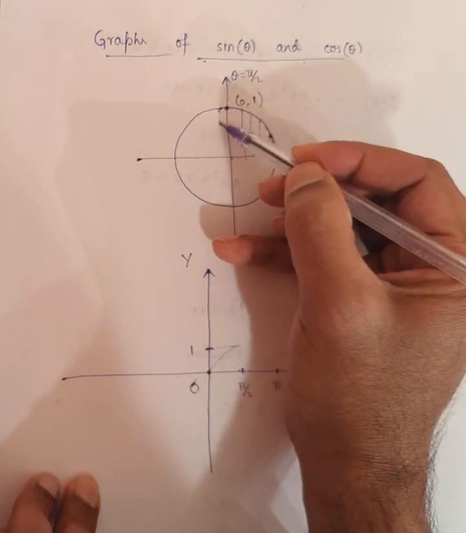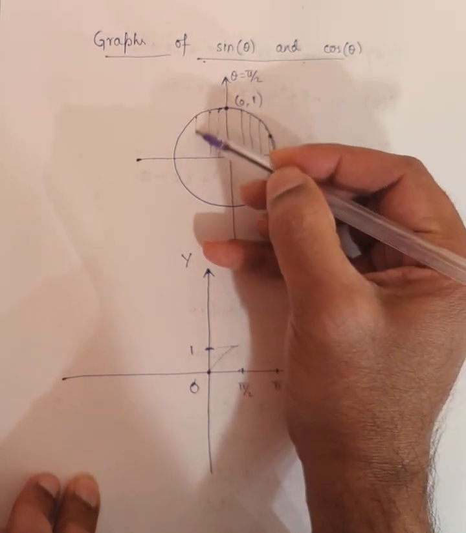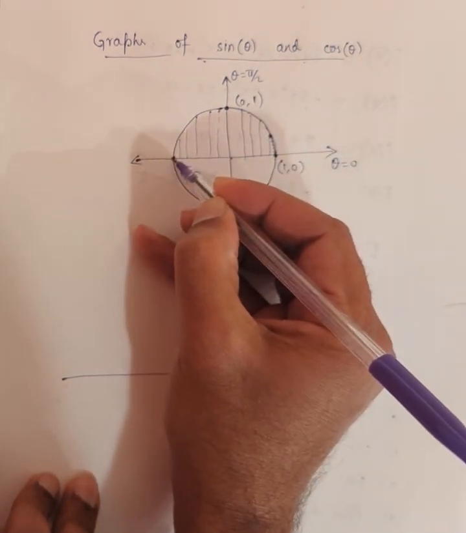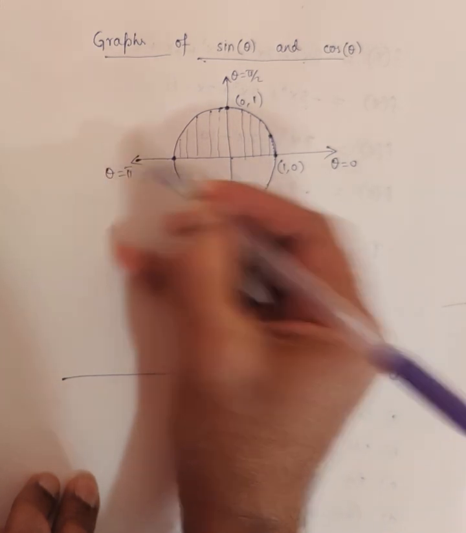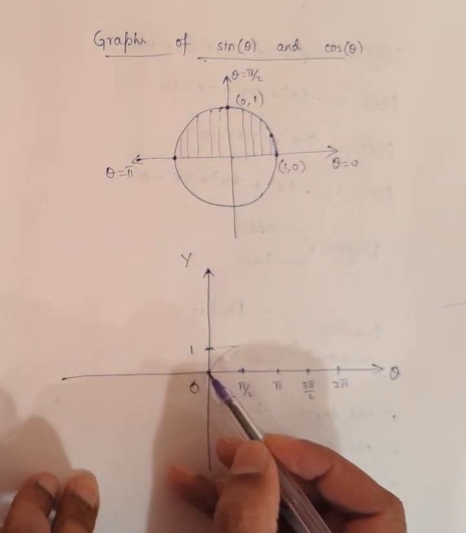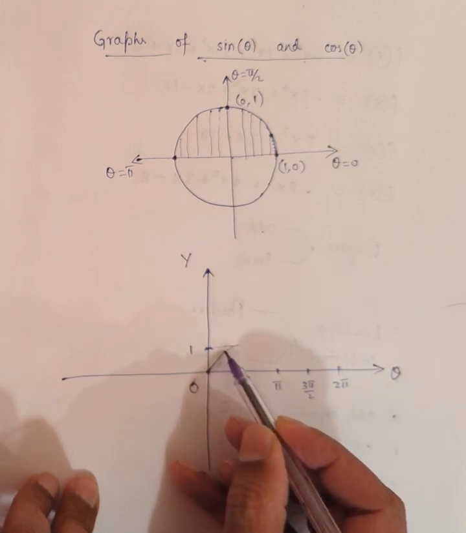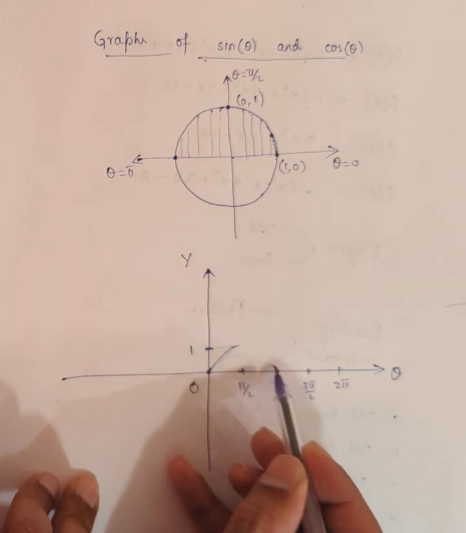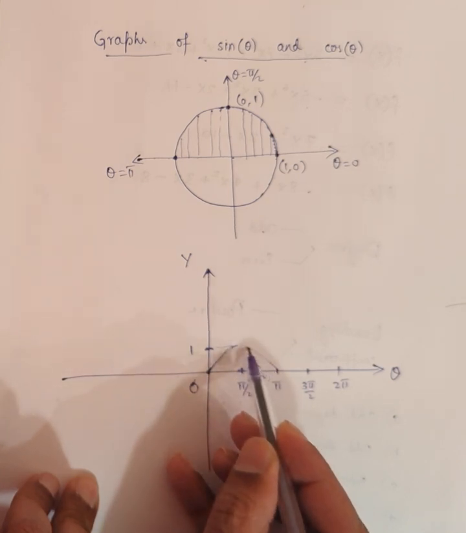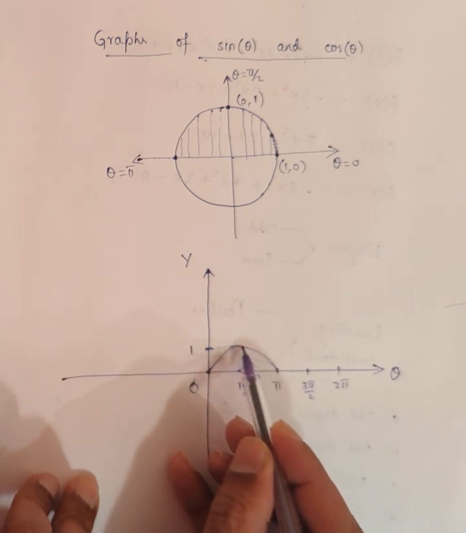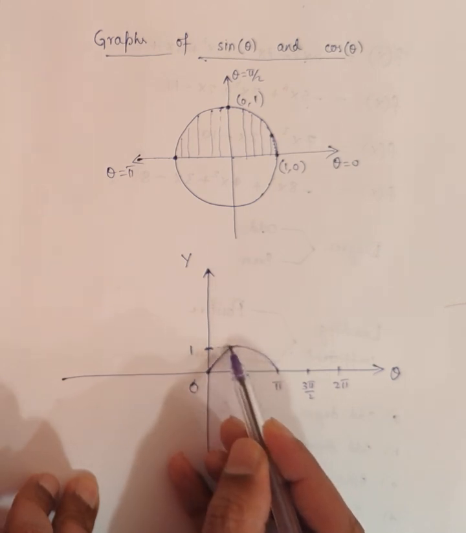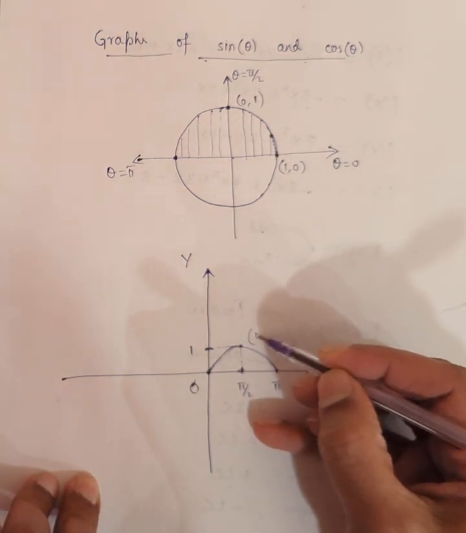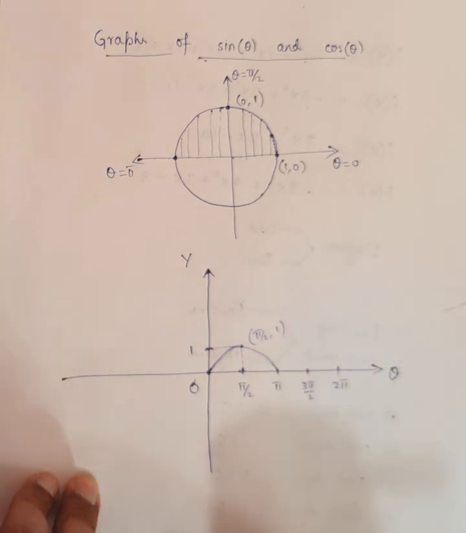After pi over 2, the heights are getting smaller and smaller, and it becomes 0 again at theta equals pi. So that's what you will notice in the graph. It becomes the maximum of 1 at pi over 2, and then it becomes 0 at pi. So this is the point pi over 2 comma 1.